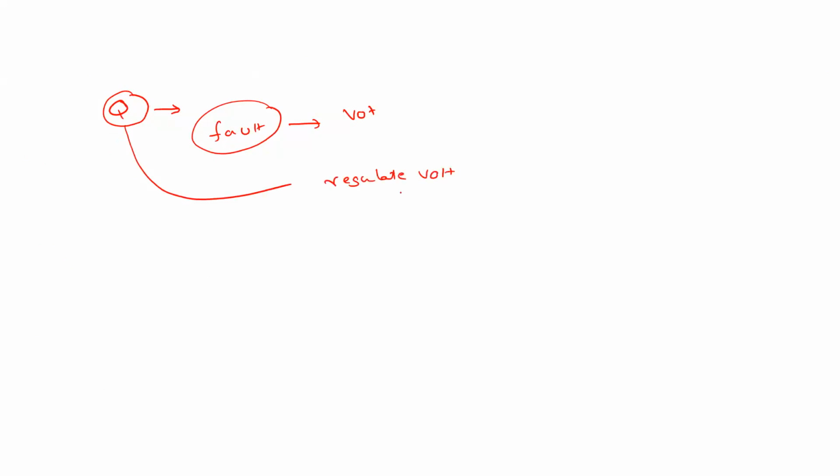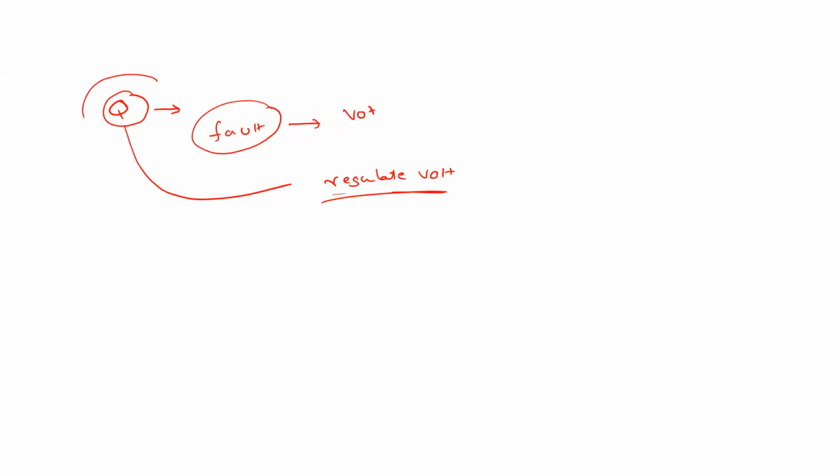Agree? We can regulate the voltage. During the fault cases, most of the times we need to control the reactive power. Whatever reactive power is present during the fault, we can compensate that.